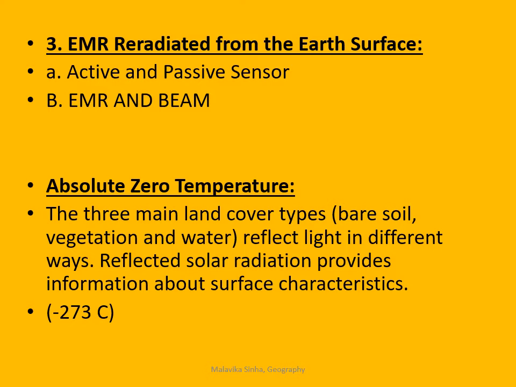It is normally described by the unit of Kelvin. Objects on the Earth's surface with a temperature higher than absolute zero, or the Kelvin scale, can re-radiate EMR. That EMR is reflected and detected by the sensor, which may be an active sensor or a passive sensor.